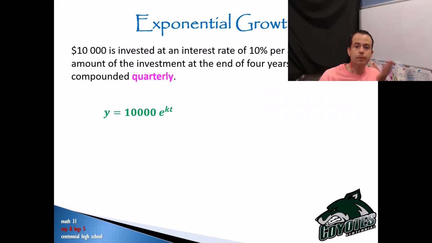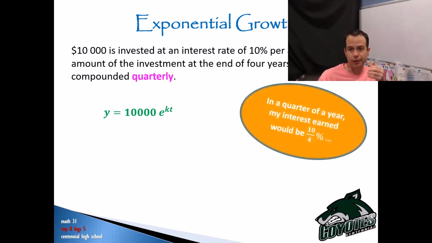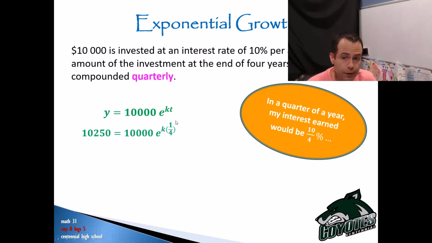So my moment in time then is at the quarter mark. If t is a quarter, I'll have 2.5% interest gained. 2.5% of 10,000 would be 250. So in that first quarter, notice I stuck a quarter in for t, I'd have gained $250, so my investment would be worth $10,250.